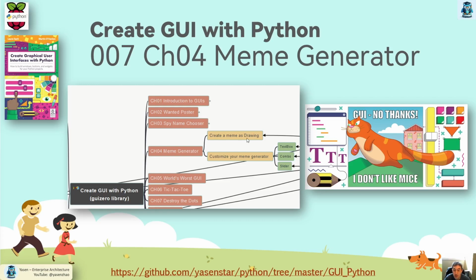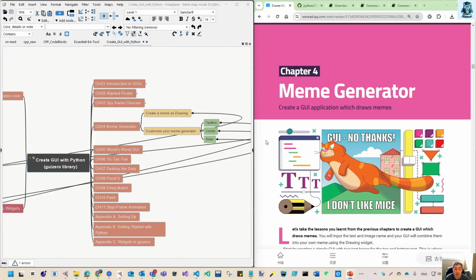We are using a new drawing widget, and then we start to customize our meme generator, which means we will customize this drawing widget with our text box widget, combo widget, and the slider widget. Through this meme generator, we will utilize some new widgets to equip the weapons of the GUI Zero library. So let's start to learn.